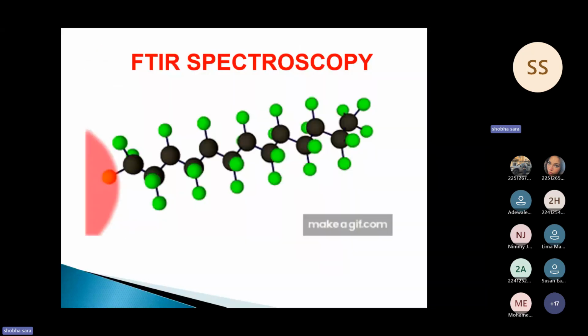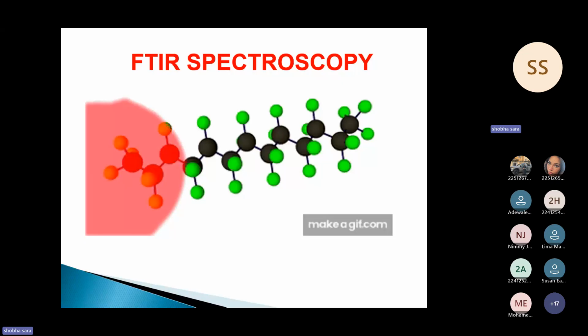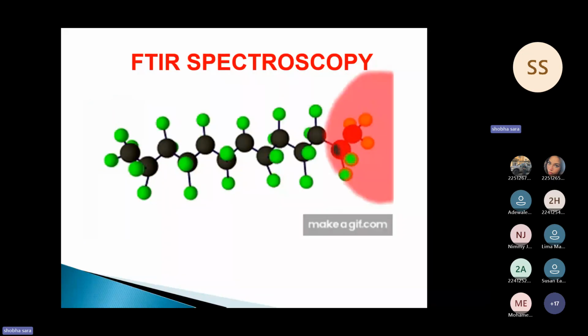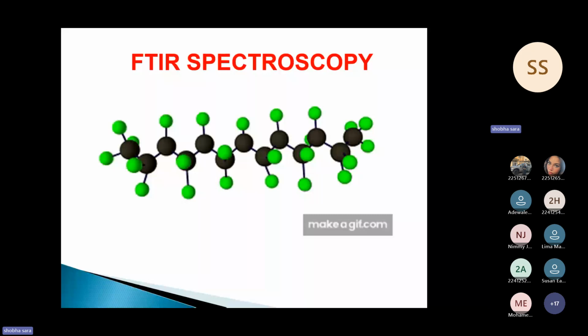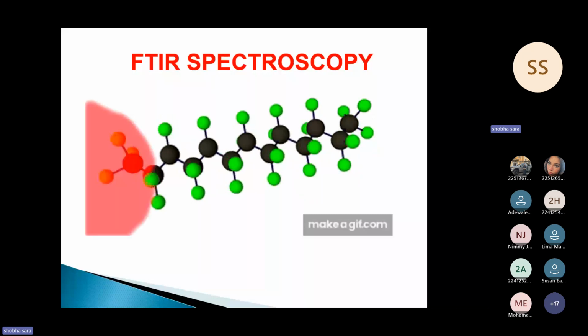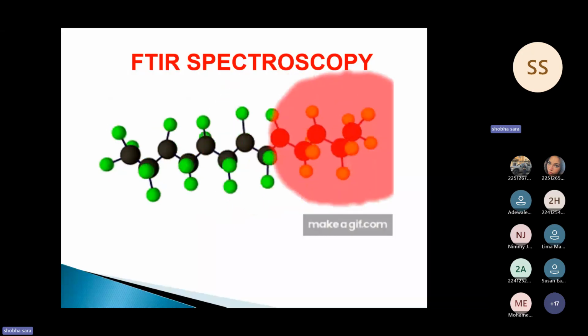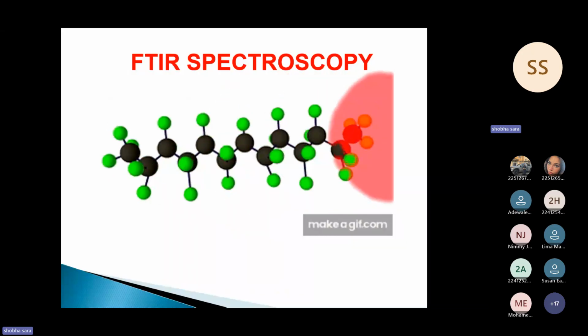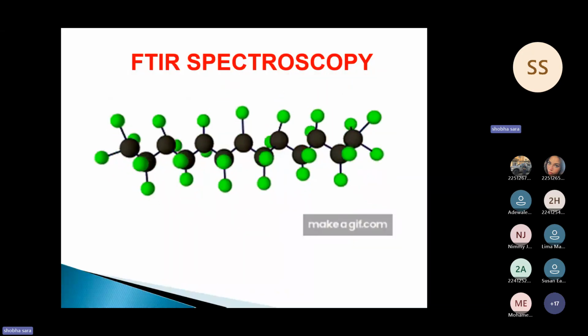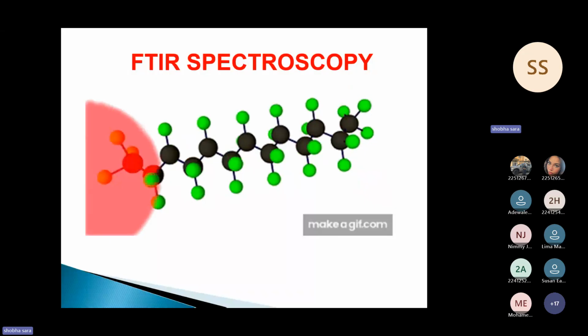This is an example of a compound, any chemical compound, whatever it is. You can see there are molecules, there are vibrating atoms, and the red ball is the infrared light that is passing through the sample. These atoms are vibrating at a particular frequency, like a simple harmonic oscillator.